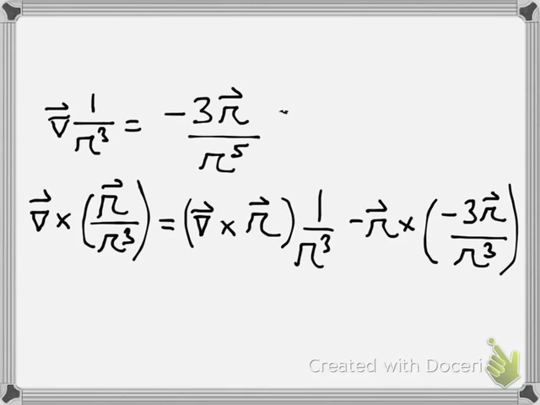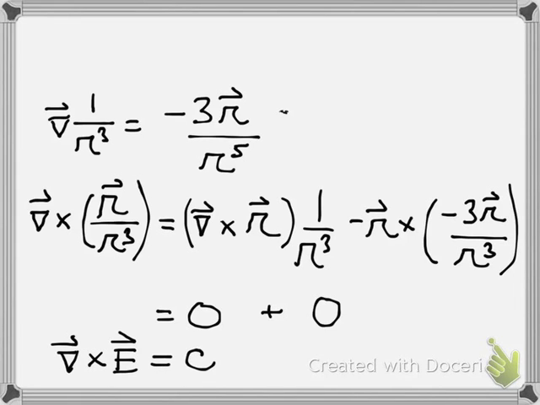So we showed that the curl of the vector script R is 0, but also the vector script R crossed with itself has got to be 0. So therefore both terms are 0. Collecting everything, we see therefore that since both terms in the integral that I was doing vanish, the curl of E must vanish identically.